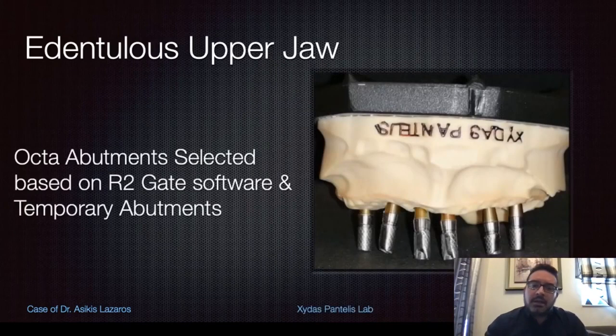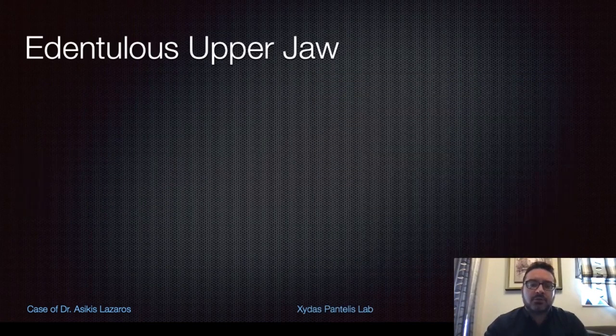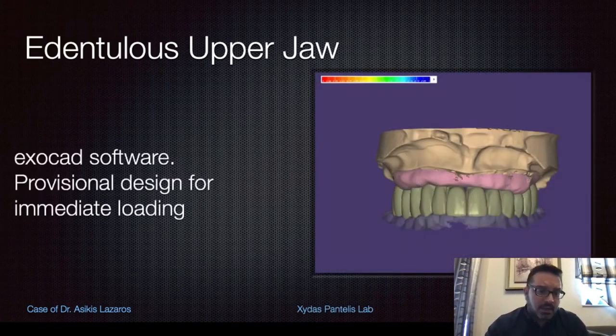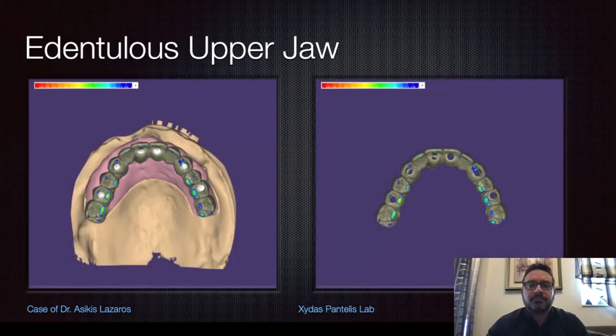So the next step was to choose the Octa abutments. We have the Exocad software for designing the provisional according to our scan abutment STL file exported from the hardware software.